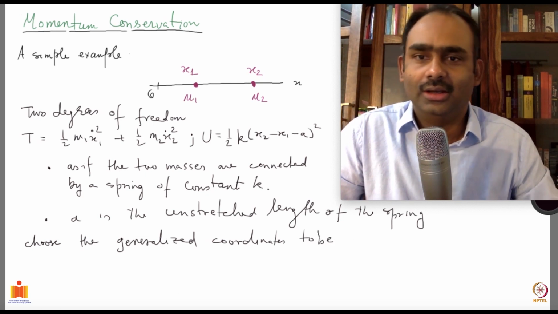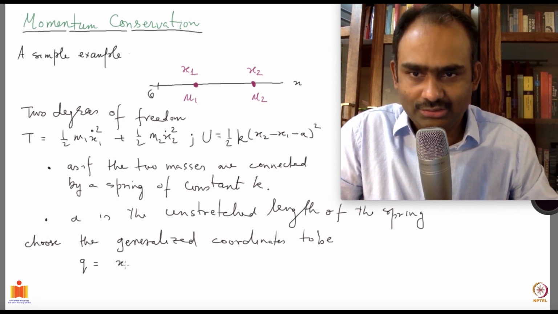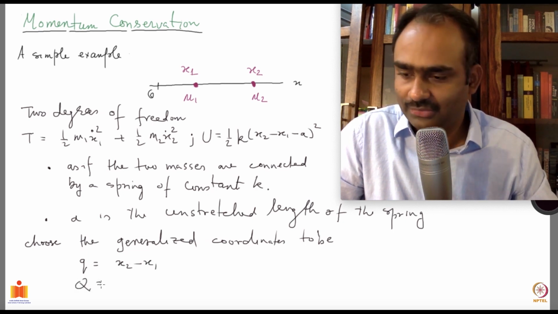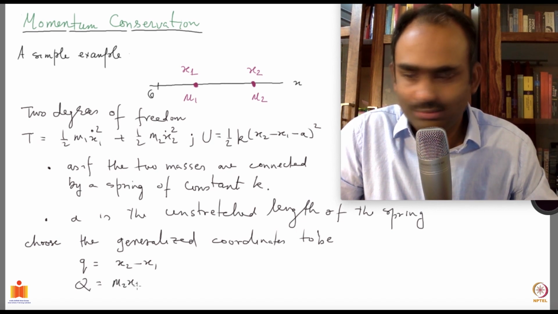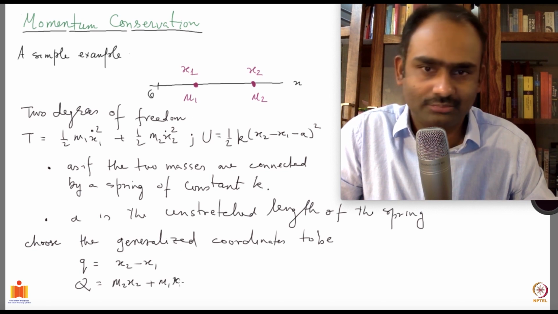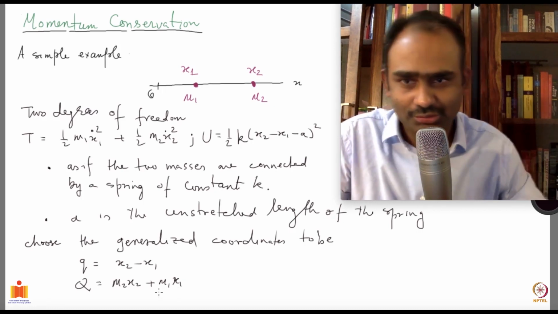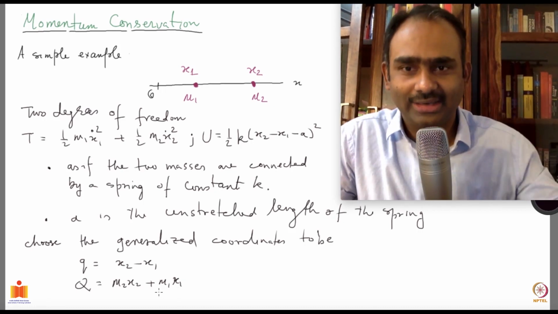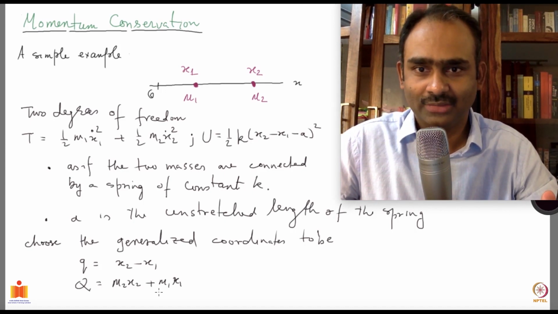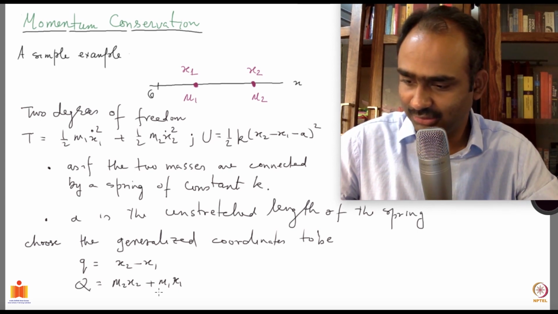One coordinate I call small q, which will be x2 minus x1, and another coordinate I call capital Q, which will be m2 x2 plus m1 x1. I choose them because I can do so. If you don't want to choose it, you can choose the generalized coordinates to be x2 minus x1 and another one to be x2 plus x1. There's no problem with that. But I want to show why this choice is really a fantastic choice, and you'll see soon why.